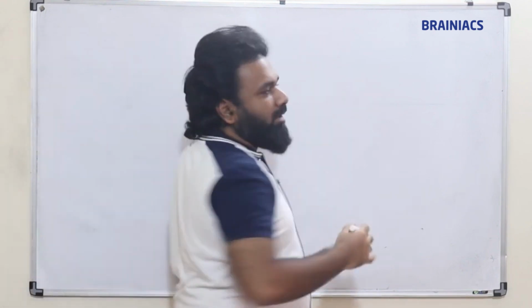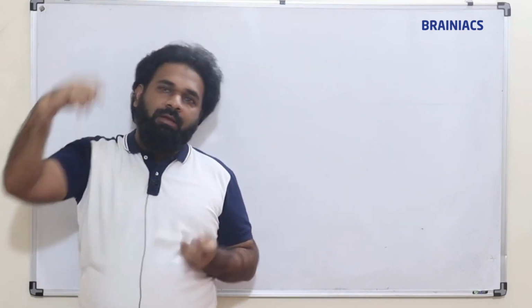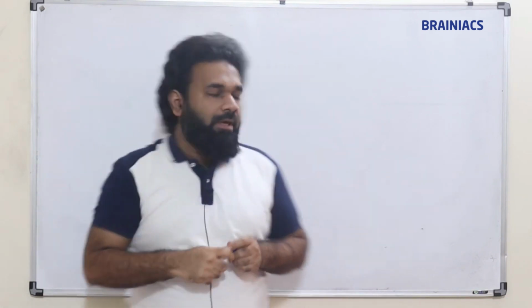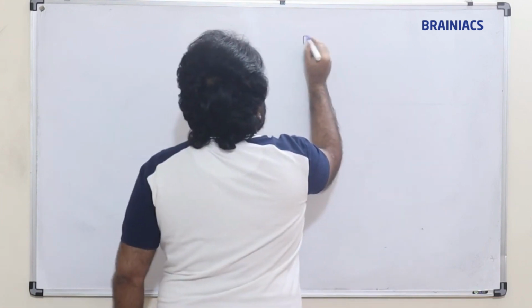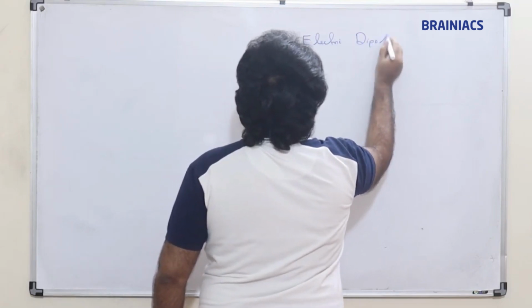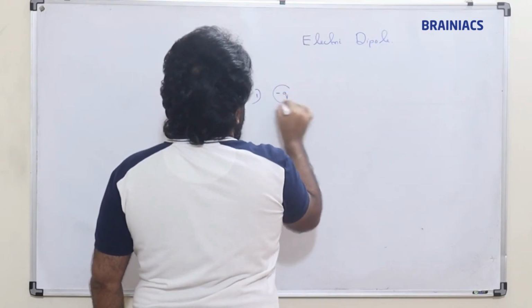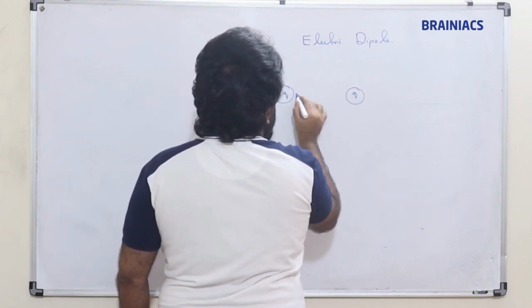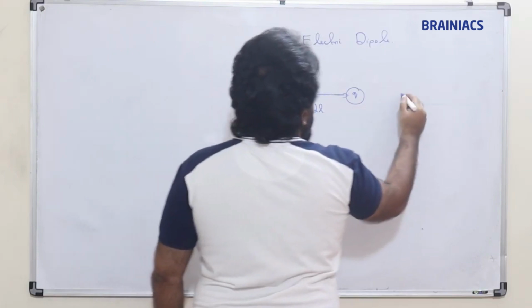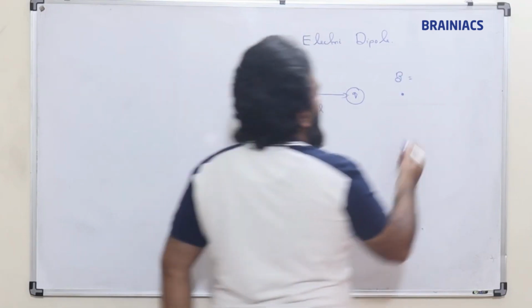Okay, now we will try to find the magnetic fields on the axial line and equatorial line at some point, which we have already studied for the electric field. So compare that and we will see the results here. For the electric dipole, the first point was: suppose we keep minus q and plus q charges, and the distance between them is 2L. At the axial point, what was the formula we defined for the field?